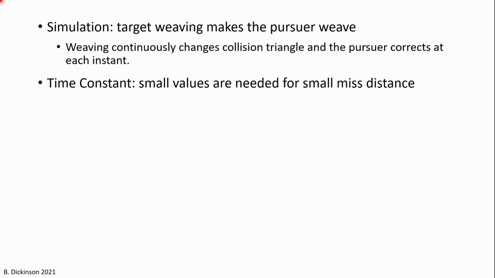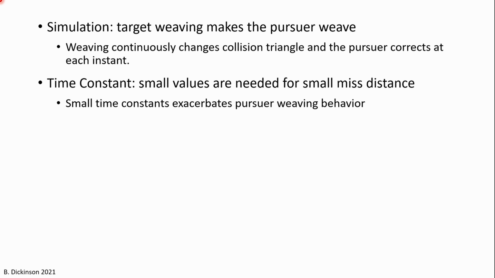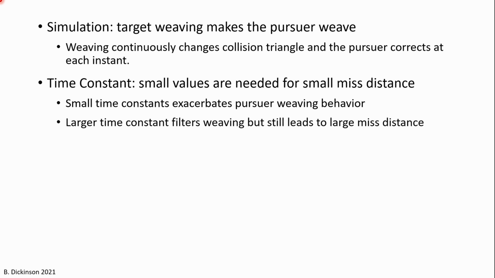We saw that small values of time constants were necessary for small miss distance, but also that as we reduced the time constant of the pseudo-pilot, the pursuer behavior in response to the weaving target was exacerbated. That is, the pursuer weaved more in response to the target weaving. As the time constant increased, the weaving was filtered, but the miss distance was large.